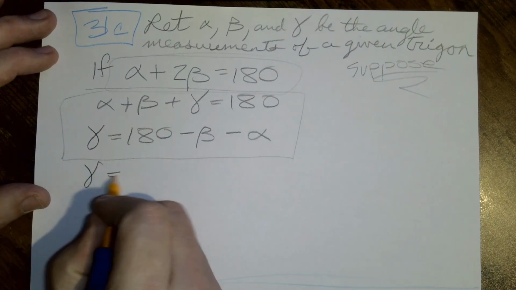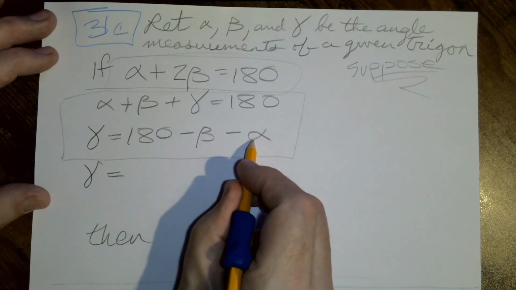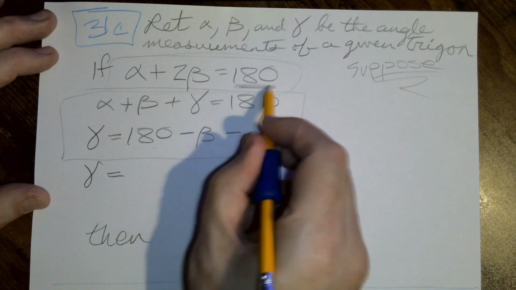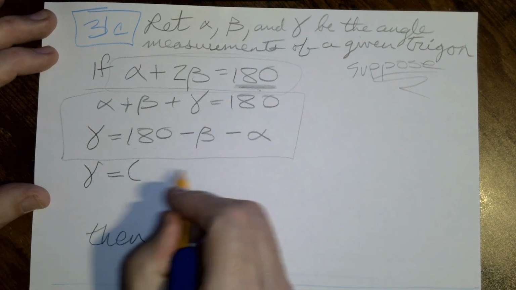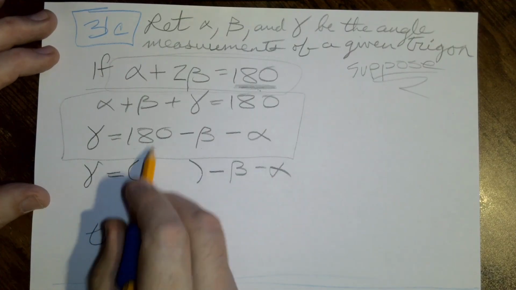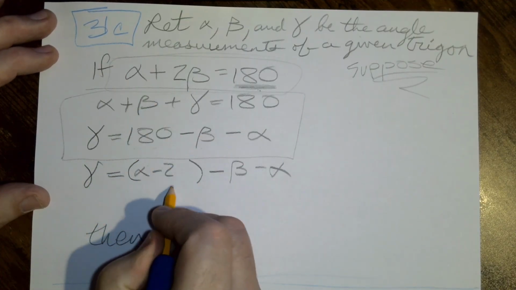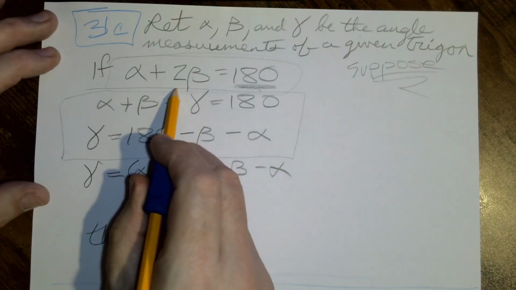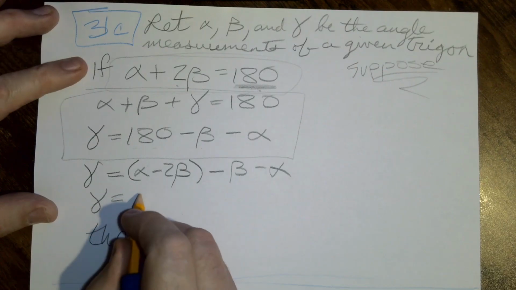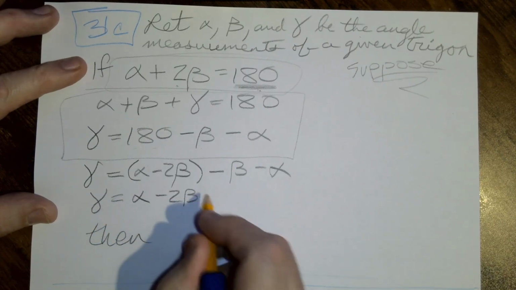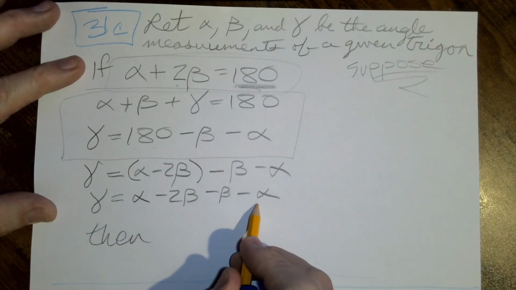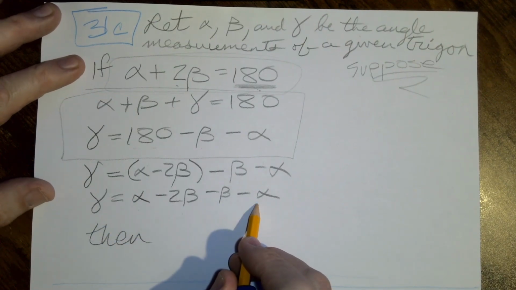Because gamma is equal to 180 minus beta minus alpha, but we know what 180 is also equal to, so we're going to substitute 180. 180 is actually alpha plus 2 beta. So we're told. So gamma is equal to, let's take the parentheses off, minus beta minus alpha. We got a positive alpha and a negative alpha. That's the additive identity. That's 0.